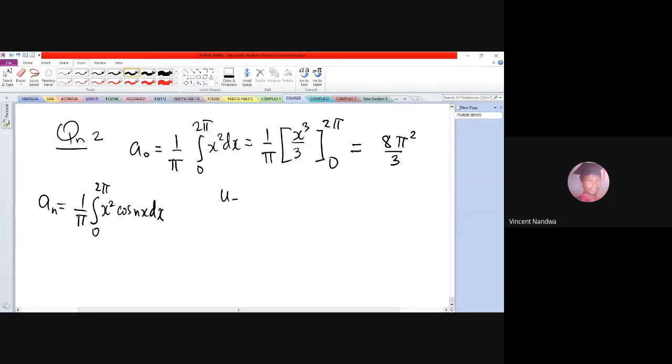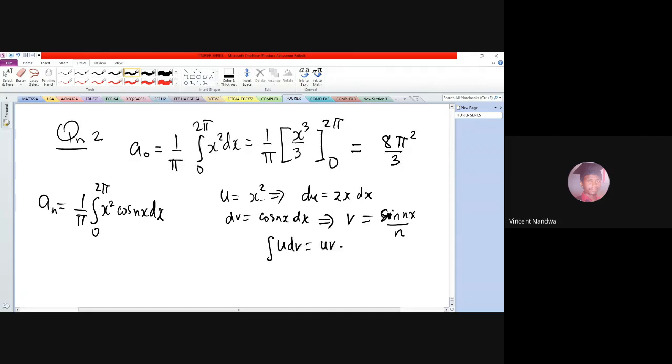Let u be x squared, which means du is 2x dx, and dv will be cos nx dx, which means v, when you integrate, is sine nx over n.